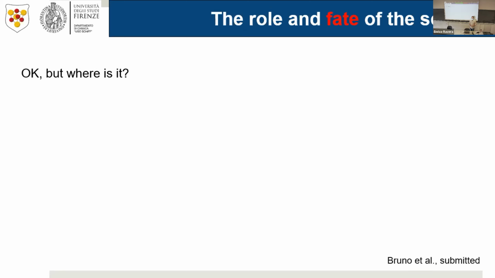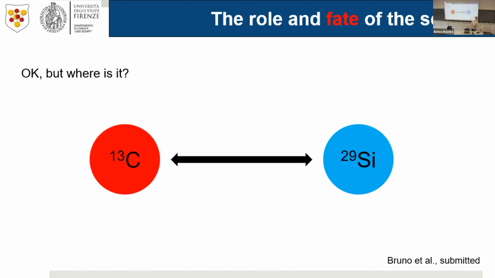Okay, but where is the protein? So again, the question changes. It's what is the fate of the protein, and where does the protein actually end up? And again, NMR can provide an answer, provided that you can see a carbon-silicon correlation, which turns out to be quite challenging because we are working at natural abundance.